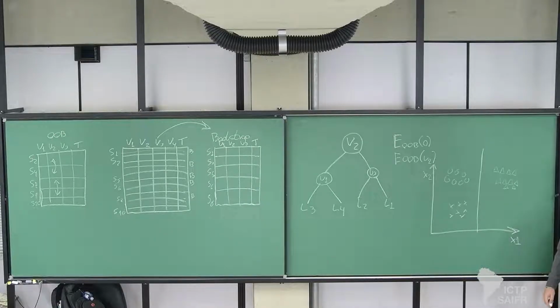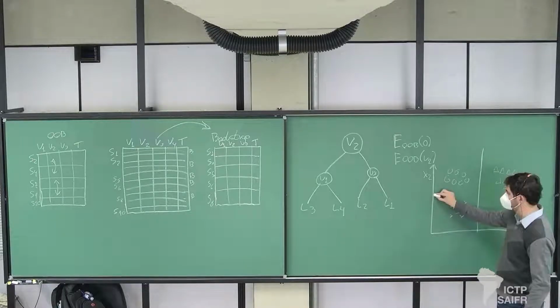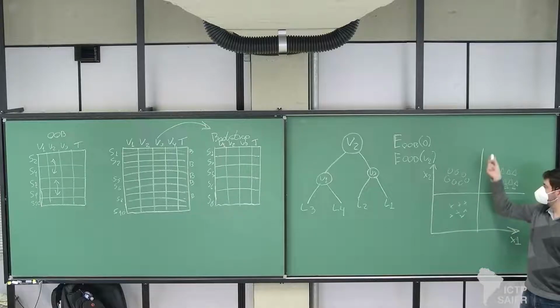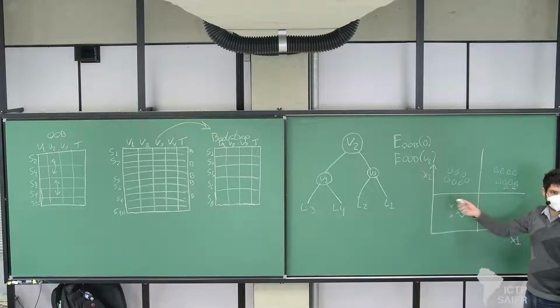Then I look at the other feature, find the best split for the value of this feature, and then cut the space like this. So the decision tree only makes this kind of splits in the space of features that we call hyper rectangles, trying to improve the separation between the values.